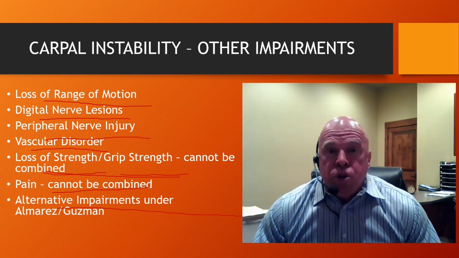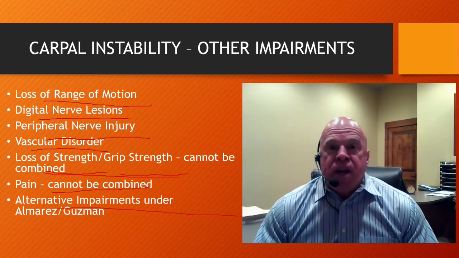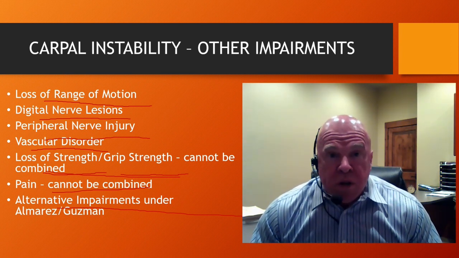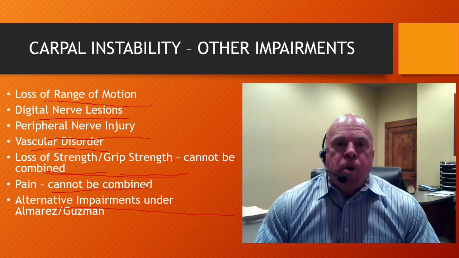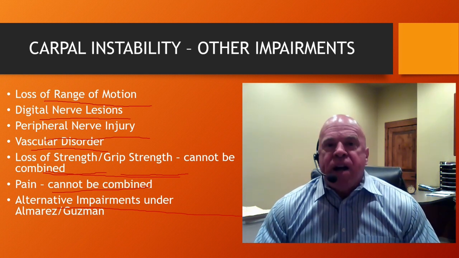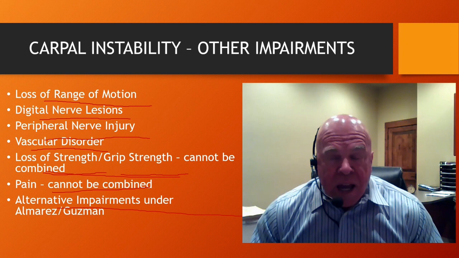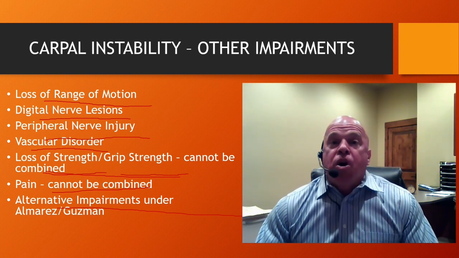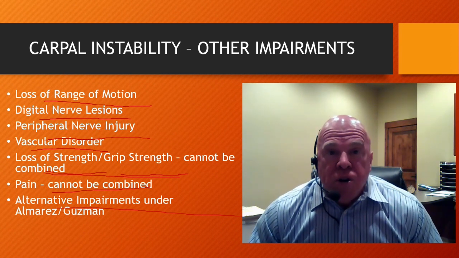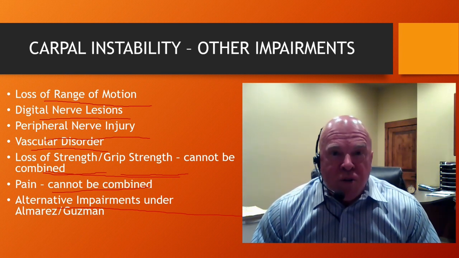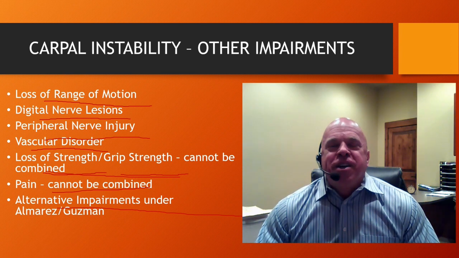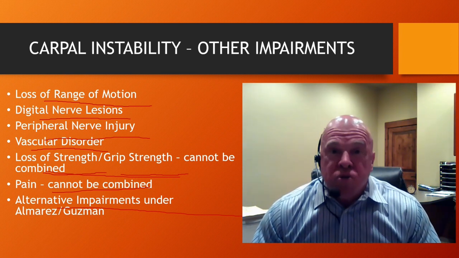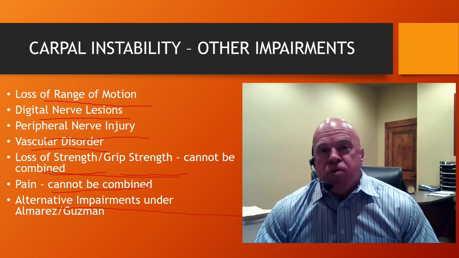And so your use of the four corners of the AMA guides may employ alternative descriptions in addition to the permanent impairment rating provided for simply by the AMA guides descriptions of carpal instability. Okay, so feel free to exercise your clinical muscles and your clinical experience in providing for what you determine to be the most accurate description of these wrist injury cases.